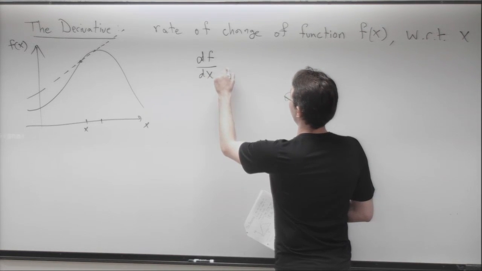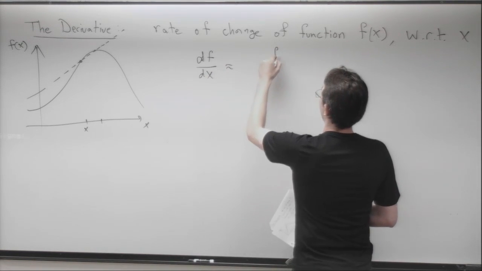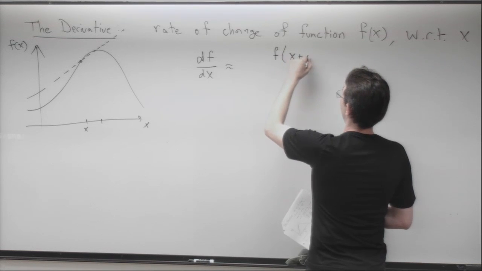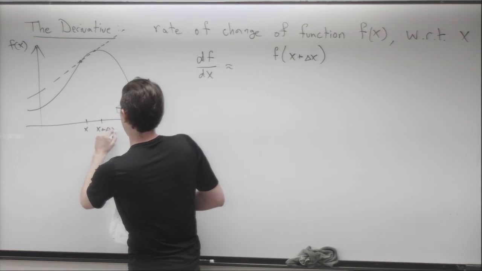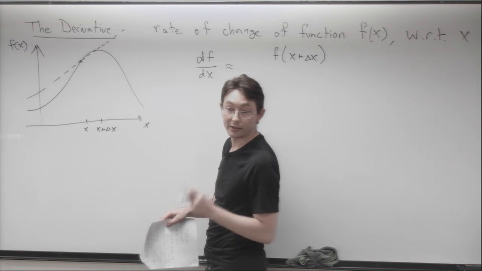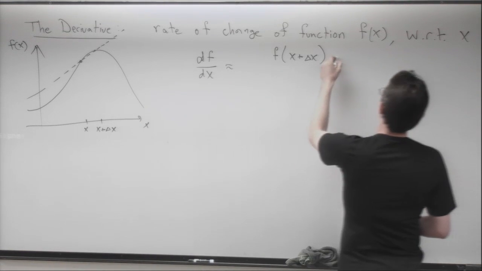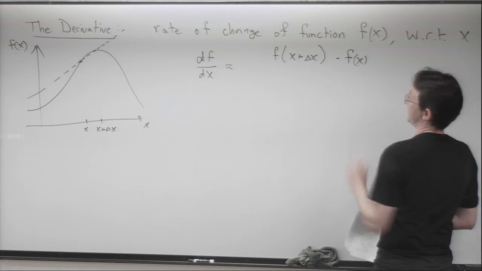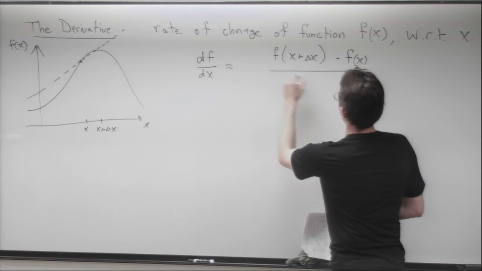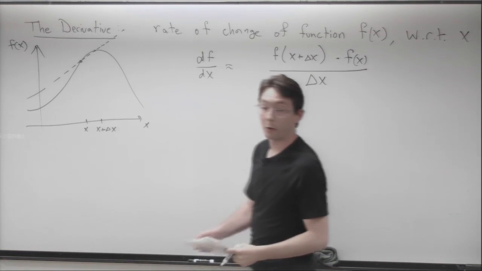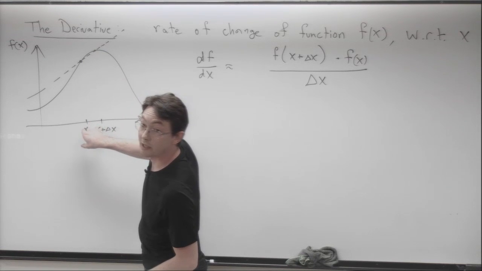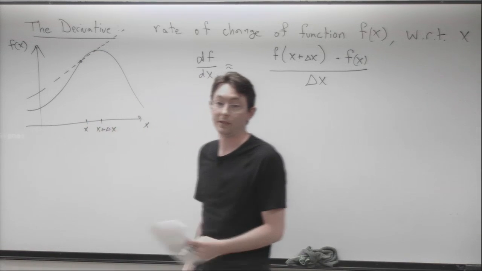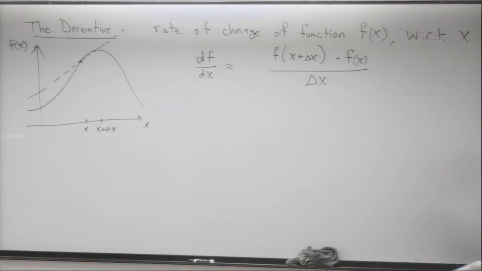This is going to approximately equal f at x plus delta x. Okay, so this is x plus some little delta x away. Delta x is small. Minus f of x divided by delta x. That's just a formula for how much the f variable changes over dx. Okay? df dx is approximately this.